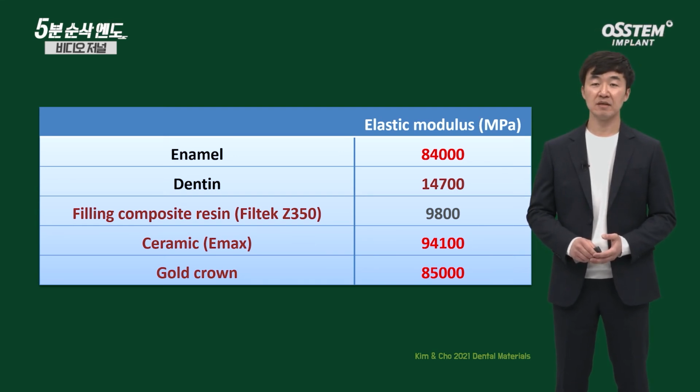The enamel is 84,000 and the dentin is 14,700 and resin was 9,800, so 1/9 of enamel and 2/3 of dentin. As for ceramic and gold, they were each 94,000 and 85,000, and they were similar with enamel in terms of elastic modulus. In other words, resin is softer than dentin, and ceramic and gold are almost as hard as enamel.